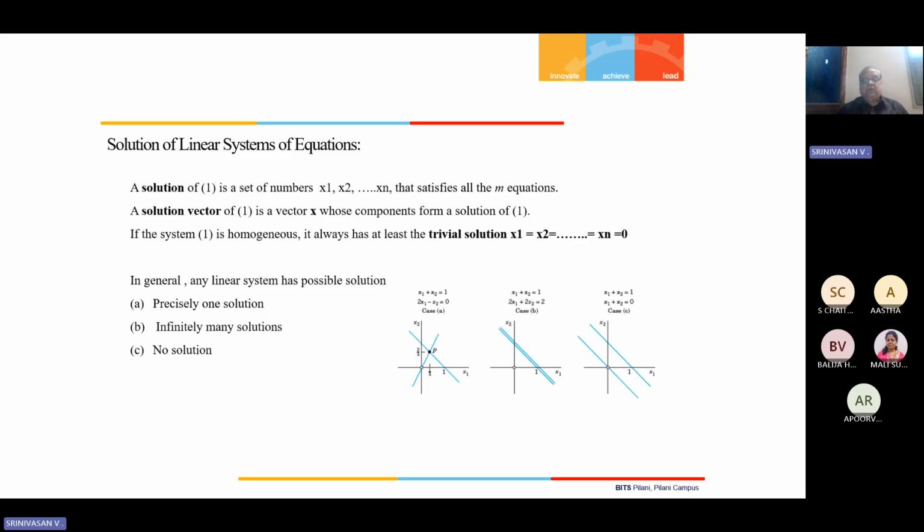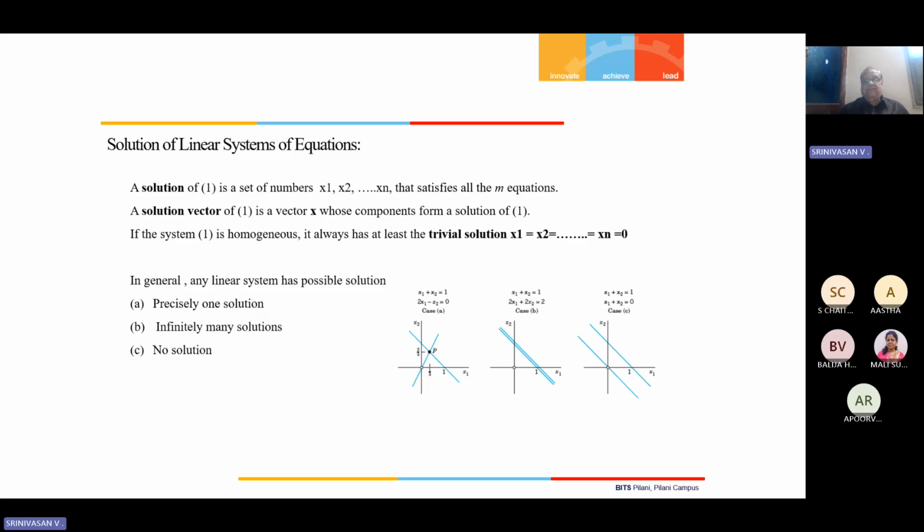You have 3x1 equal to 1, so x1 equal to 1 by 3. If you substitute x1 equal to 1 by 3, you get x2 equal to 2 by 3. Therefore, you have an intersection of these two straight lines at (1 by 3, 2 by 3). That is the only solution, the unique solution.